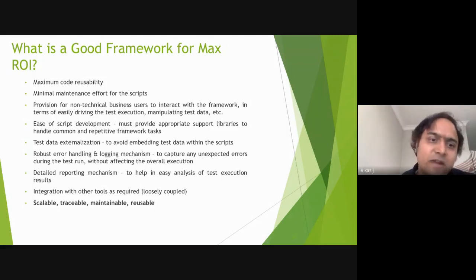Traceable, because tomorrow things may get bigger, and it will be hard to find where exactly things are. Maintainable, because if things become bigger, changes will happen for sure. So are we making the changes with the least possible effort? Is it reusable in future for future problem statements?